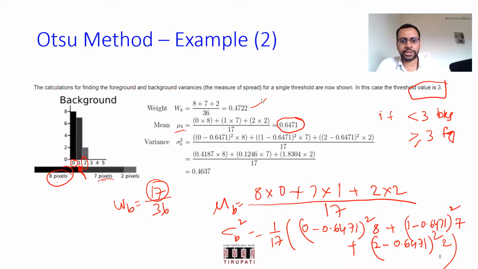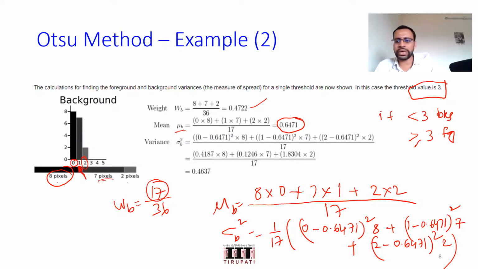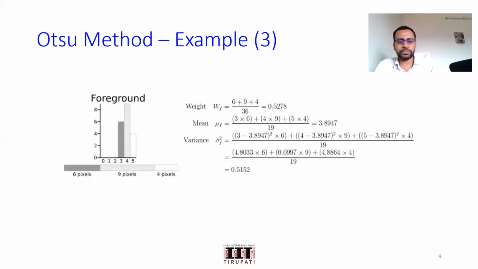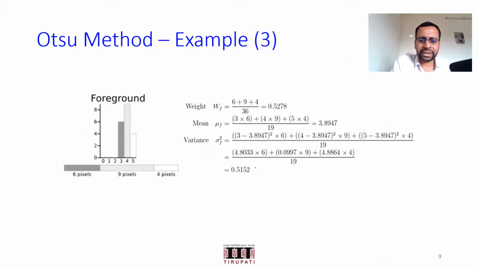Okay, good. So I do the same thing now for the foreground. Now 0, 1, 2 are taken, so 3, 4, 5 will come here. Same calculations here, but now you will do it for the other class. So you got here a variance of 0.5152 and a weight of 0.5278.